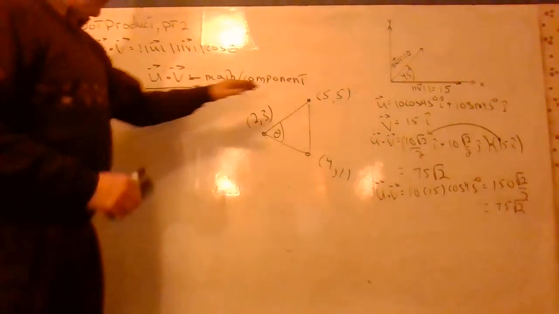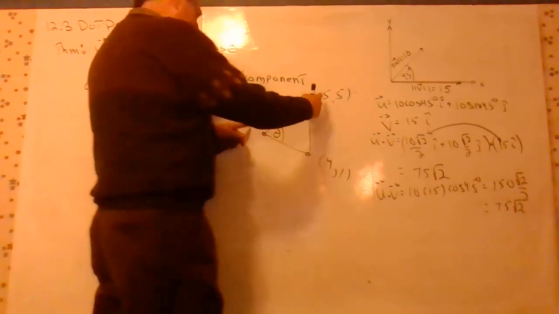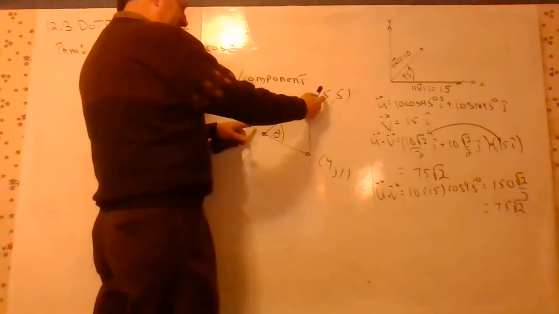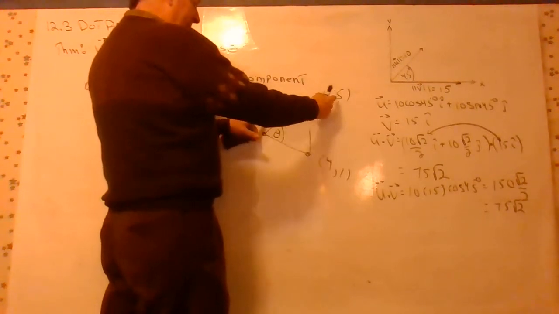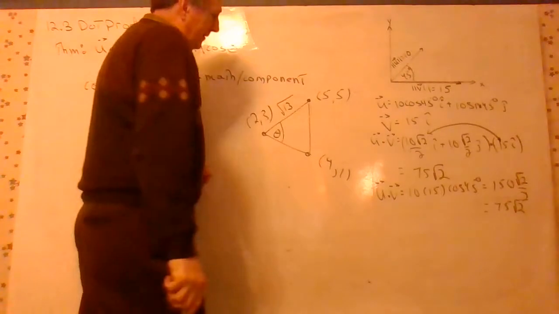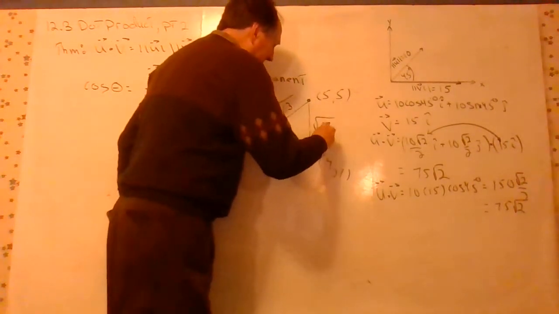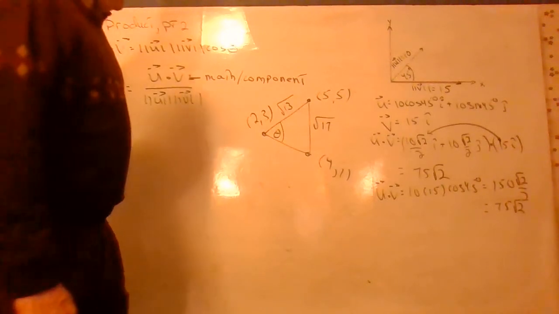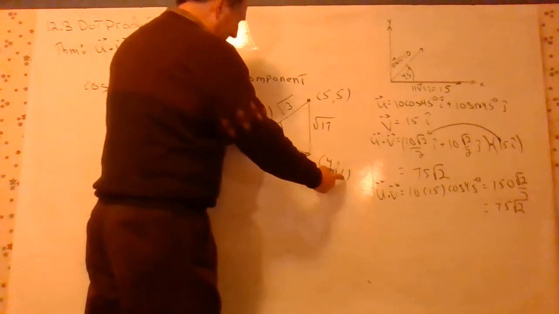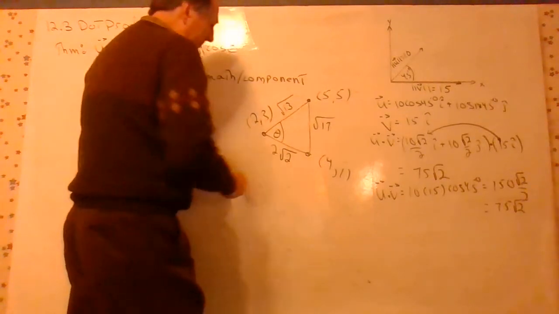It's very easy to find the lengths of these three sides. This side is 5 minus 2, that's 3, and 2, so 9 plus 4 is square root of 13. This side is 1 and 4, that's square root of 17. You can use the distance formula. This side is 4 and 4, which is square root of 8, 2 radical 2.